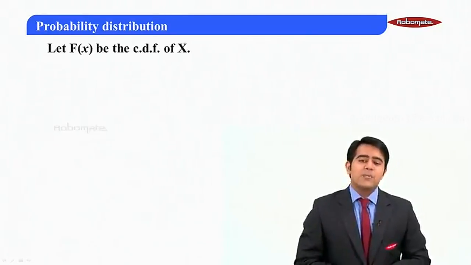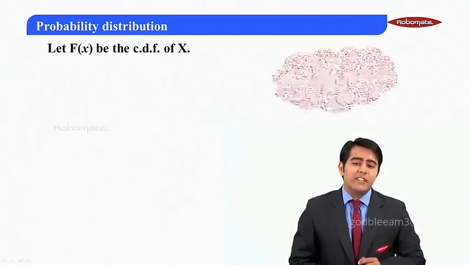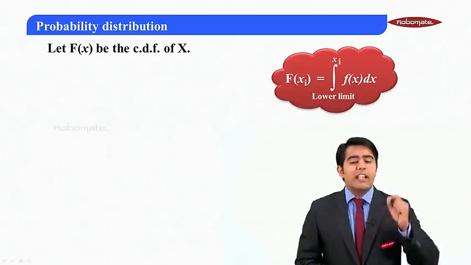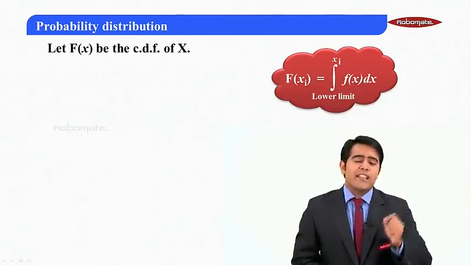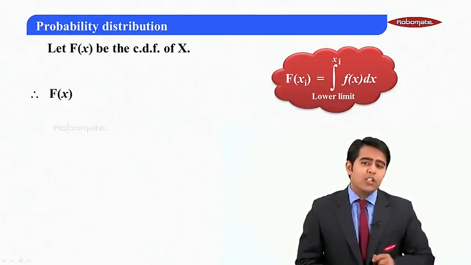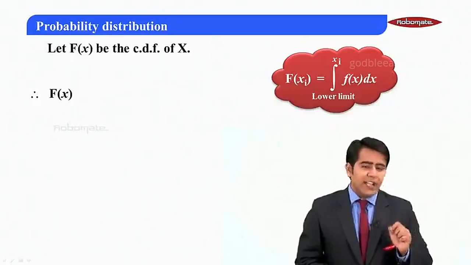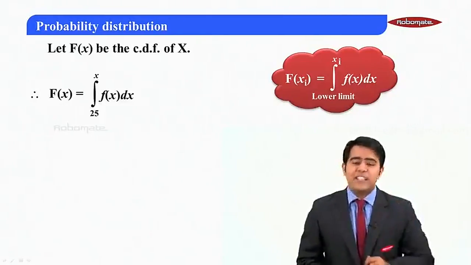Moving further to the next part, F of x was to be calculated, so let F of x be the CDF of x. We know that F of x is integral from lower limit to x f of x dx. So here the lower limit was 25, and here we have to take integral from 25 to x f of x dx.